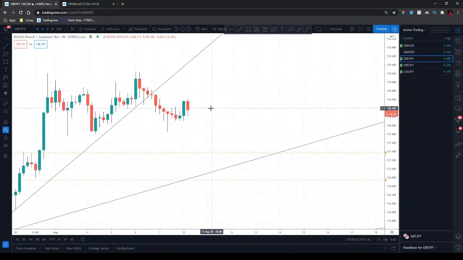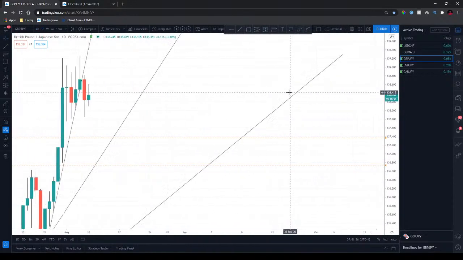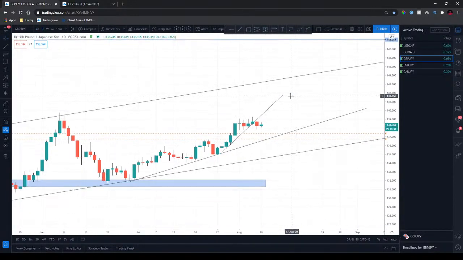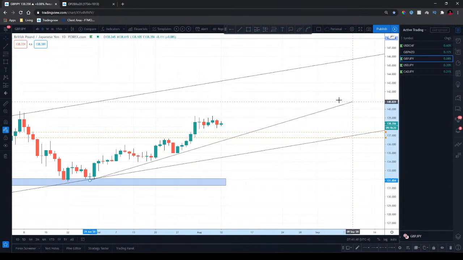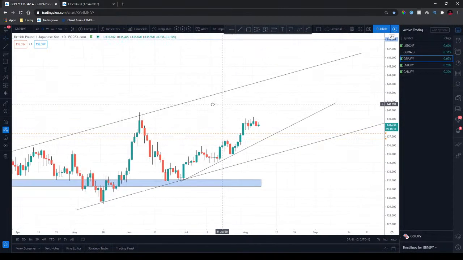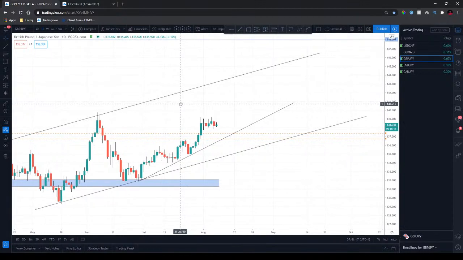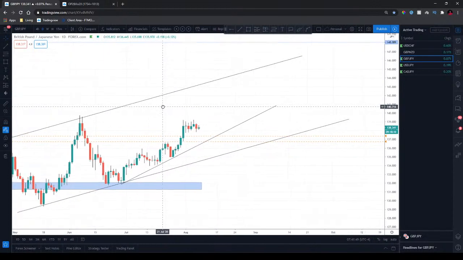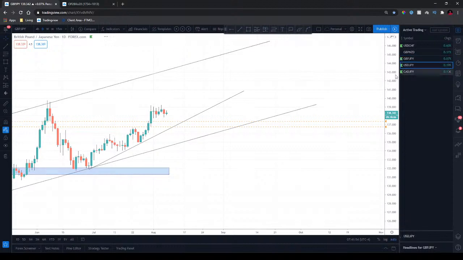But overall, what I want to see on this pair is price go up a little bit higher to the top of this channel, and then give me a reversal pattern so I could sell potentially back down. That's what I want to see. But for now, I think I'm going to leave it alone and see if I can get a deeper retracement before messing with that.